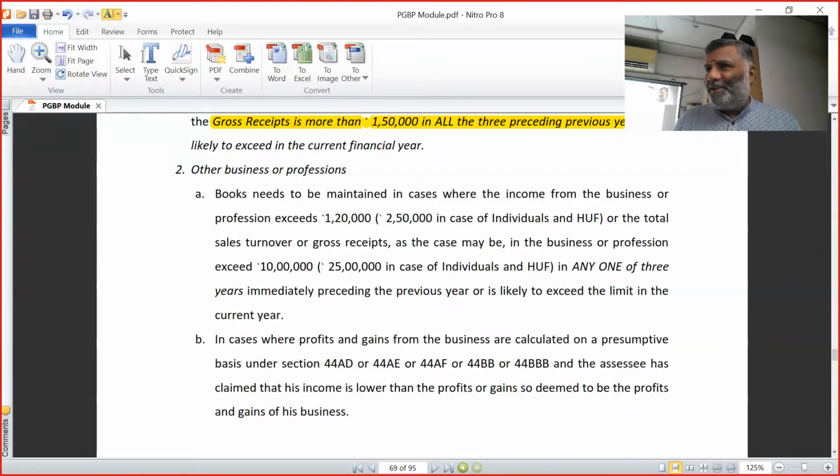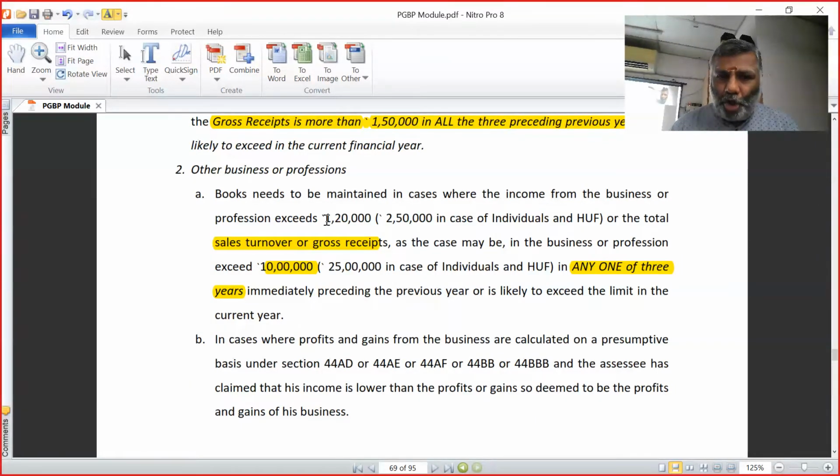Business or profession. In case of business or profession, there are 2 criteria: one is gross profit, another is gross turnover. But here it is in any one of the 3 years, not in all 3 years. With regard to gross turnover, the limit is 10 lakhs; however, for individuals and HUF, 25 lakhs.